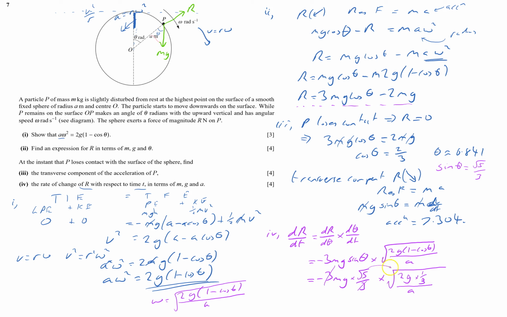I'm going to put that root 5 in with that root there to make that root 10 inside there, and the 3 will go into the bottom there, so that equals minus mg root(10g over 3a), and that's the rate of change of the normal contact force, so that will be newtons per second, like so. And that's question 7 and the whole paper done.